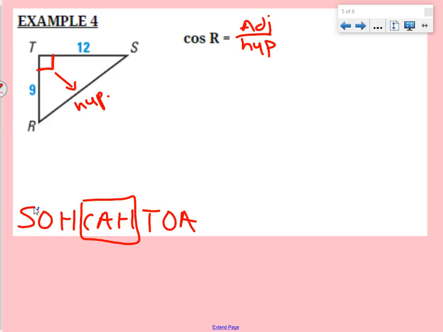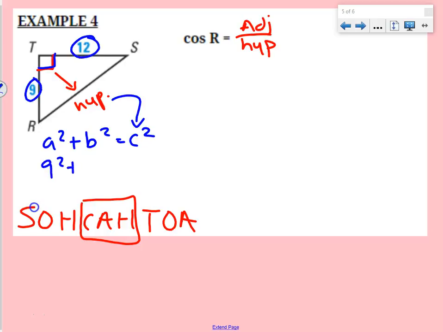Thankfully, we have a theorem that helps us find it. Pythagorean theorem. Right triangle means we can use a squared plus b squared equals c squared. C squared would be our hypotenuse. We know our legs, 9 and 12, so 9 squared plus 12 squared equals c squared. Not quite sure what that is. 9 squared is 81.